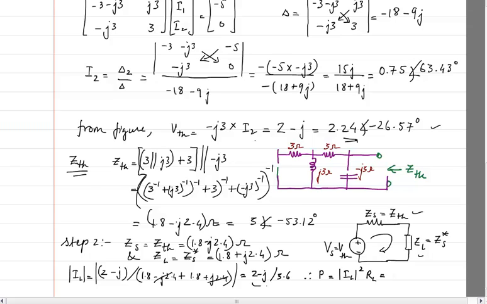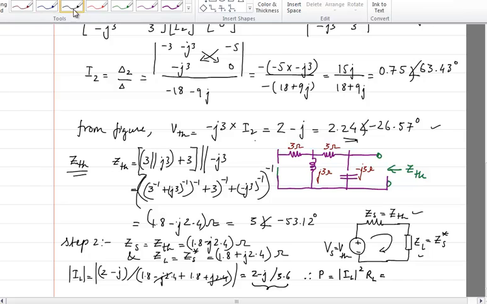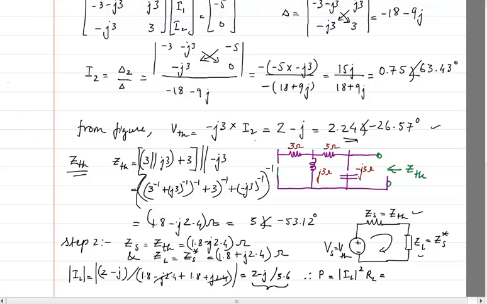Okay, now have a look here. Magnitude of IL. What I have to do is take the polar form of that and just write the magnitude. So what is the polar form of 2 minus j divided by 3.6? You have to take your calculator and do 2 minus j divided by 3.6.